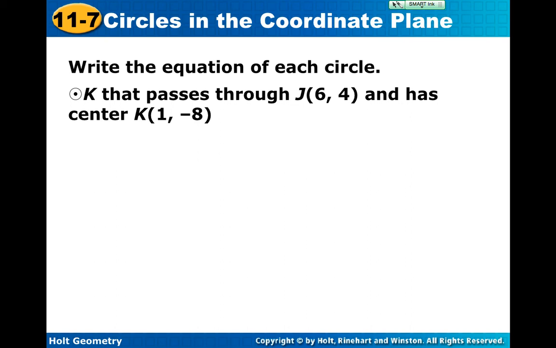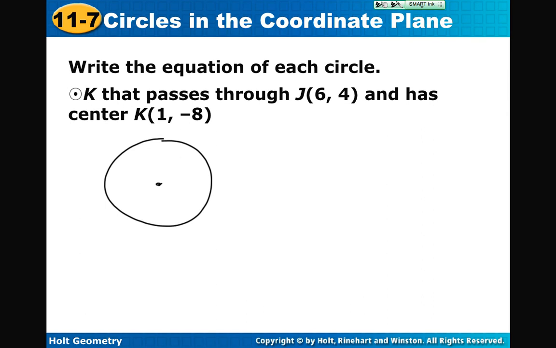All right, now what's different on the one up here? It's not quite as straightforward. You need to figure out what? The radius. You know the center, and you know a point it goes through. So if you know the center, and you know a point it goes through, if you calculate how far it is between those using the distance formula, you'll know what the radius is.